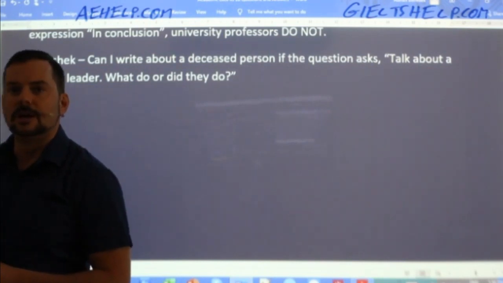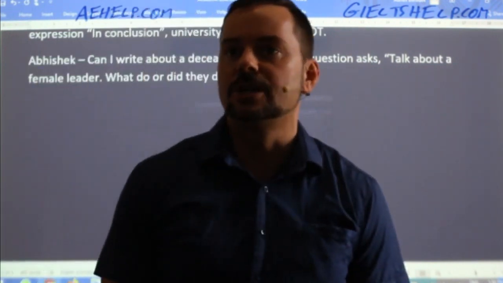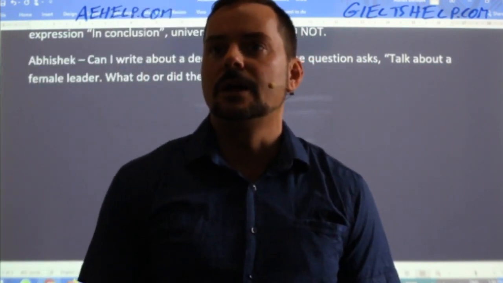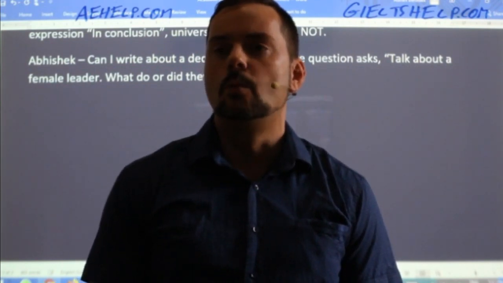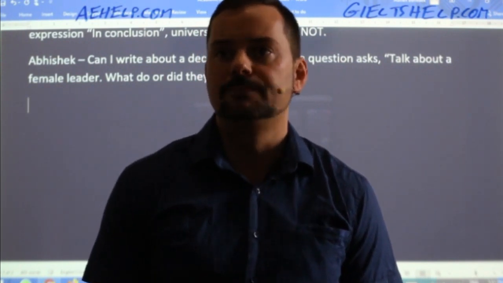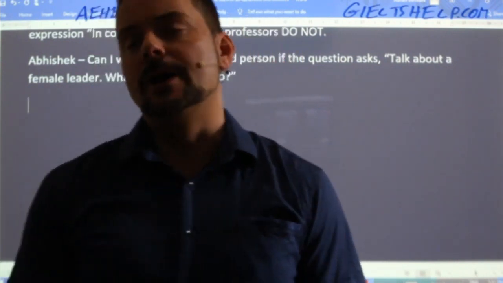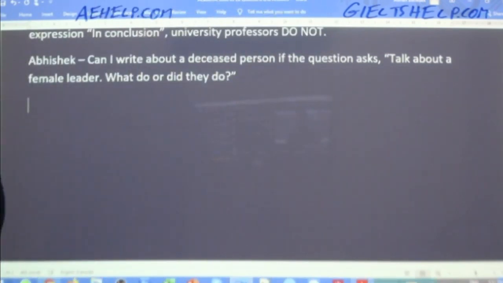All right. Charlie Sen says, sometimes there's lots of information in one reading passage. In that case, how can I figure out what the paragraph is about? Okay. That's a good question, Charlie, and I know what you're talking about.